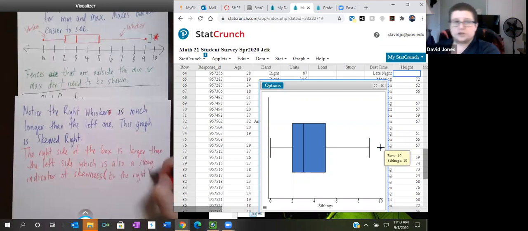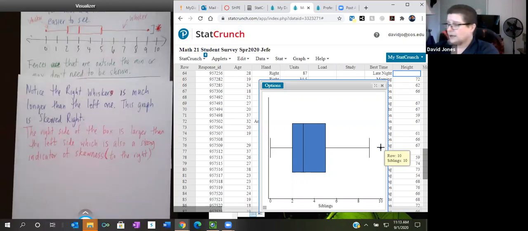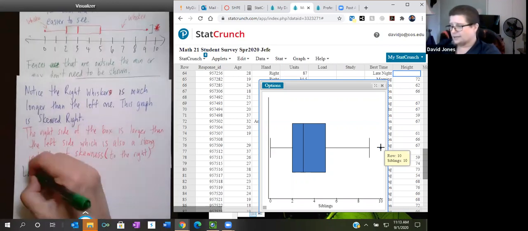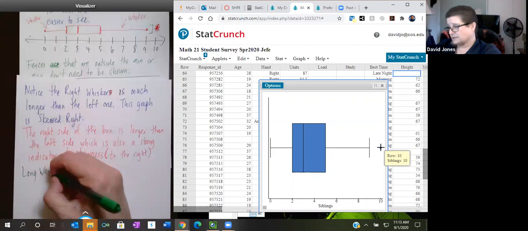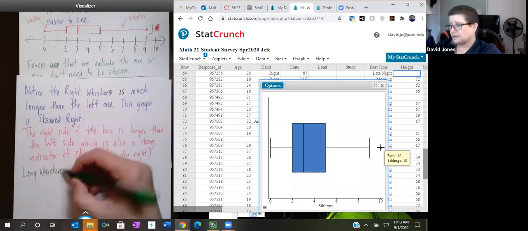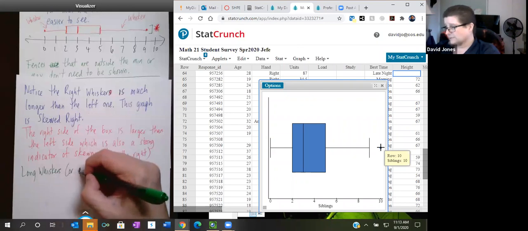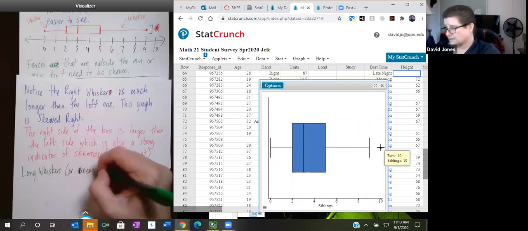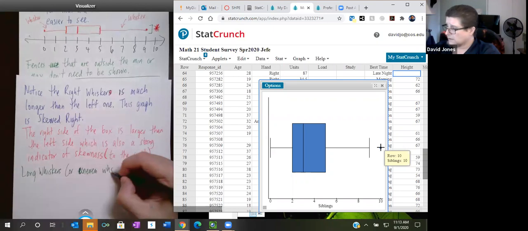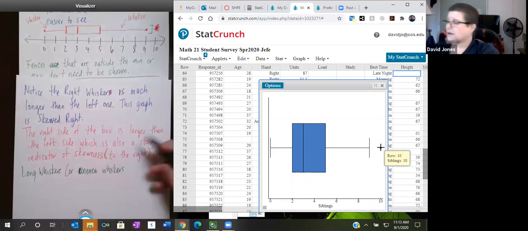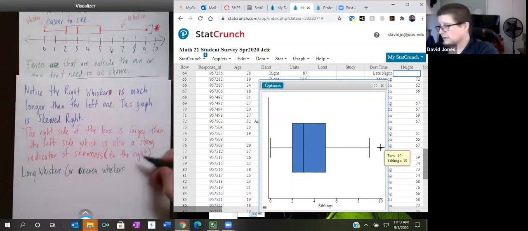So if one whisker is longer than the other, or I should say uneven whiskers, show skewed graphs.